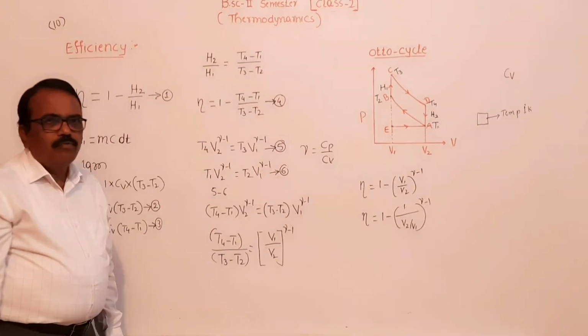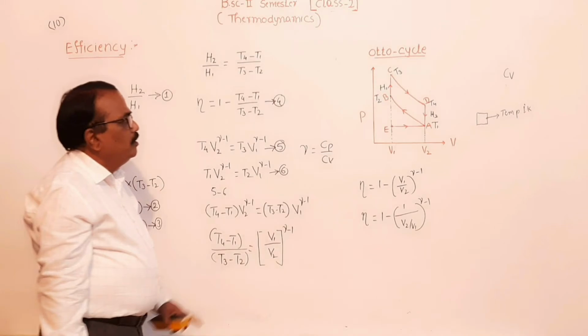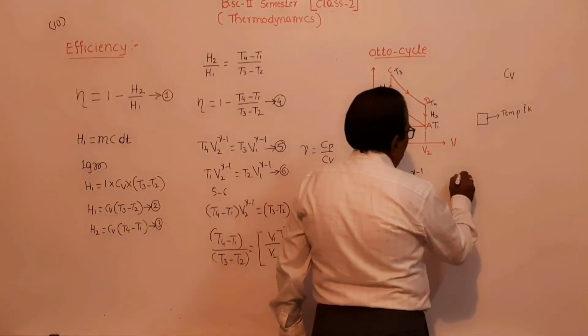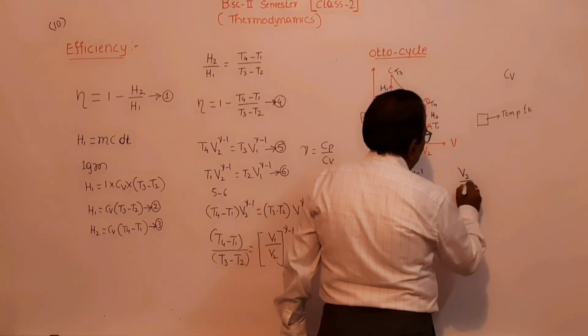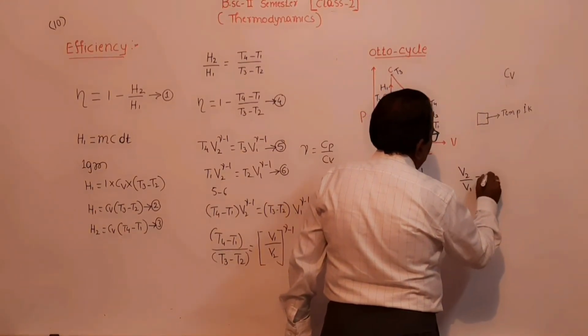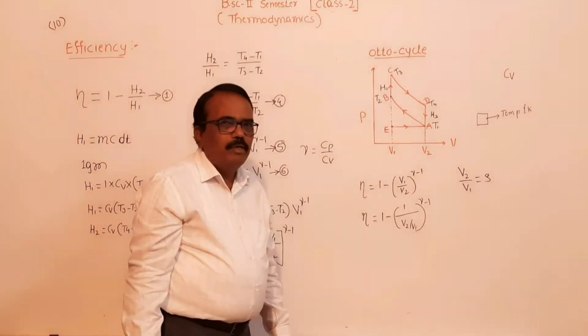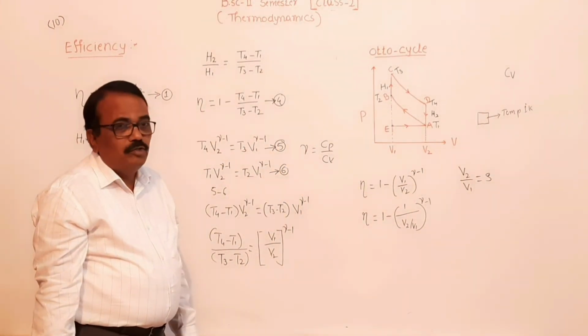What is V2 upon V1? V2 upon V1 is represented by rho. It is called the adiabatic compression ratio.